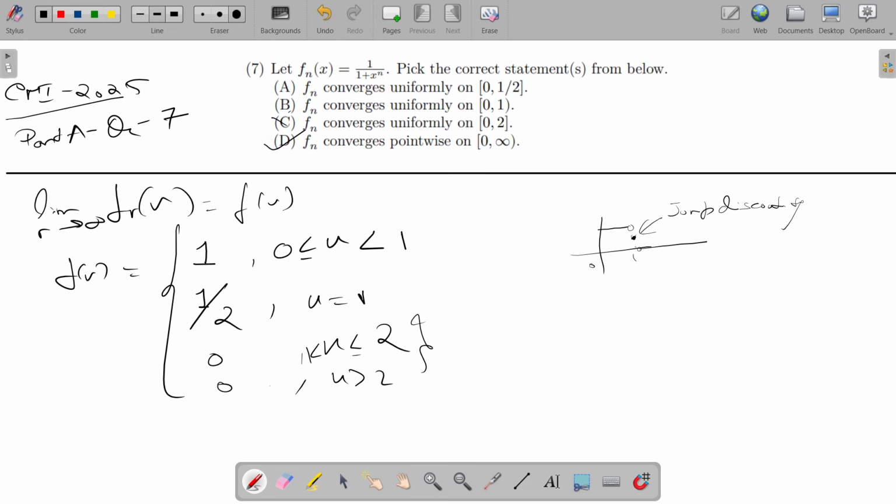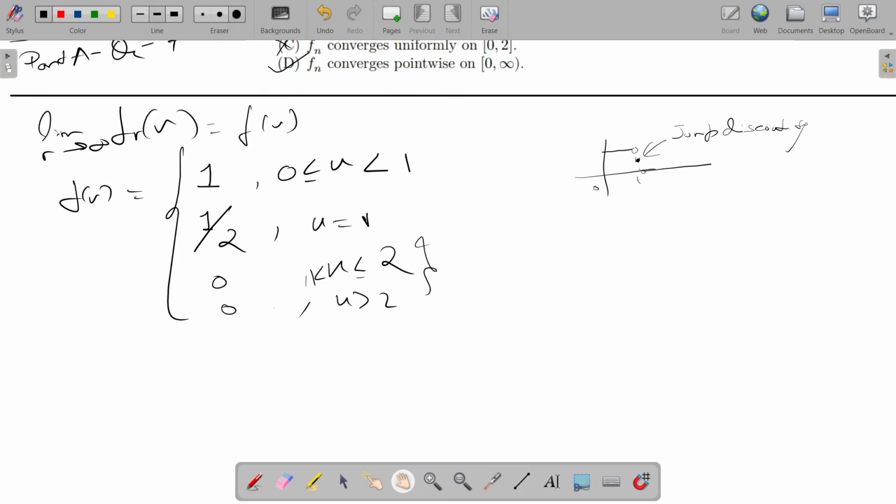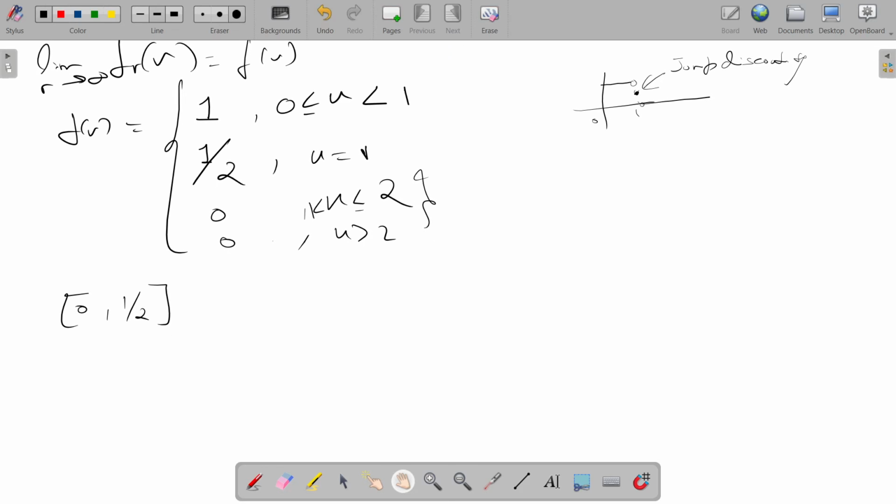Now for option A, it is pretty nice because it says f_n converges uniformly on closed 0 and closed half. So we need to work with this interval [0, 1/2].